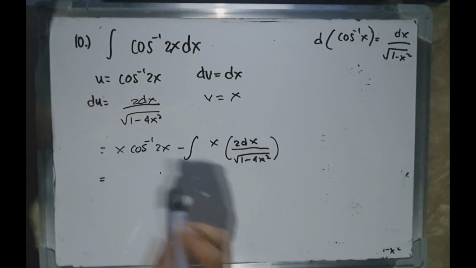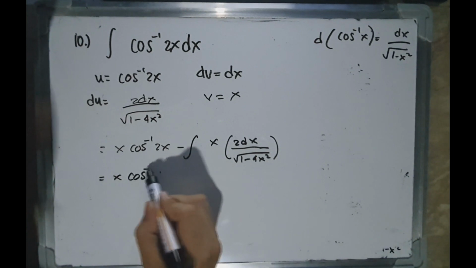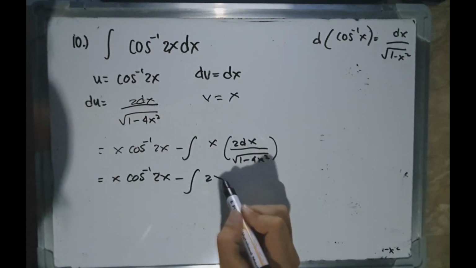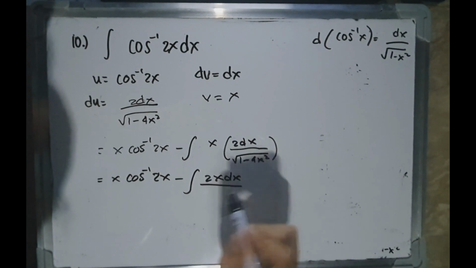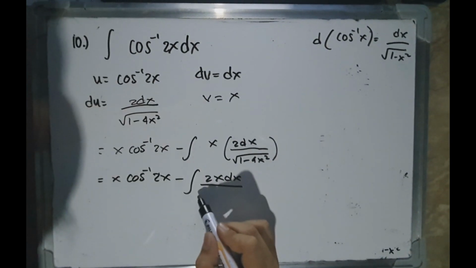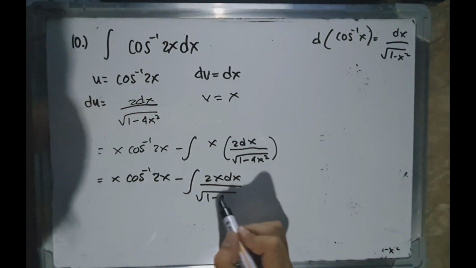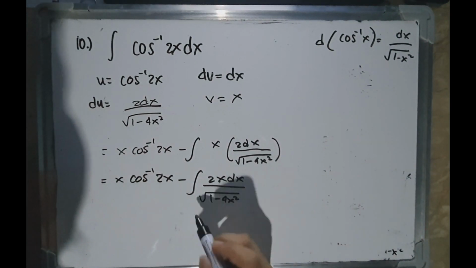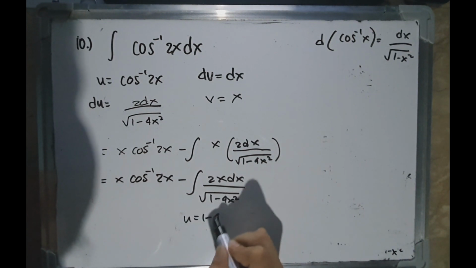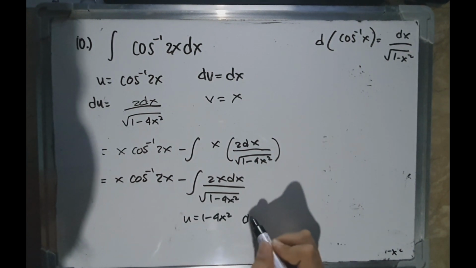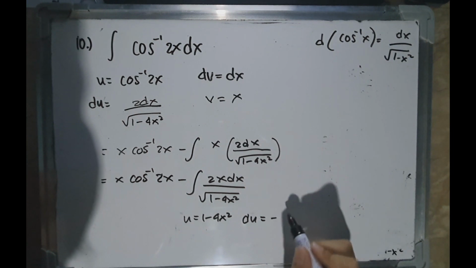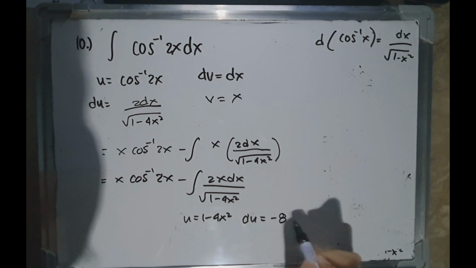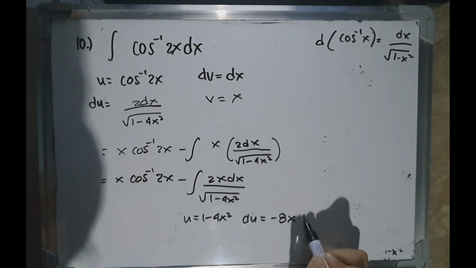Now we now have x arccos 2x minus 2x dx over the square root of 1 minus 4x squared. If we choose this one as u, 1 minus 4x squared, the du is negative 8x dx.